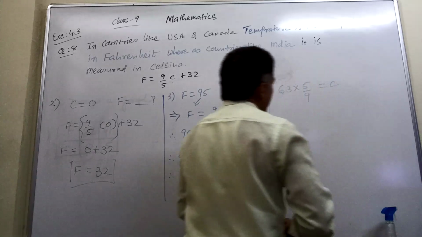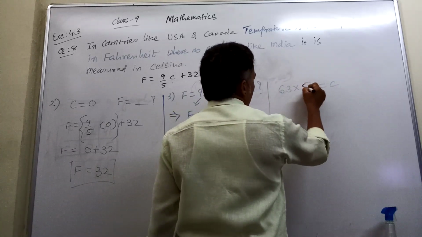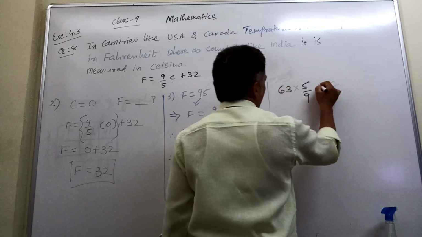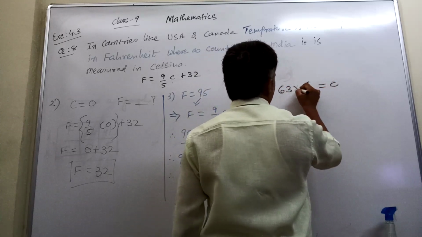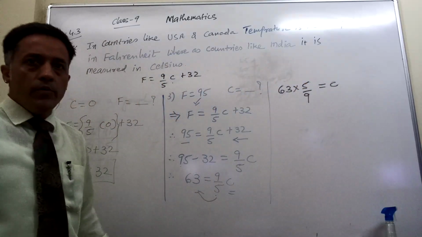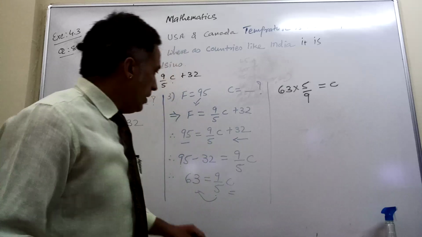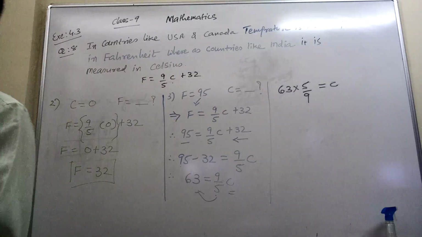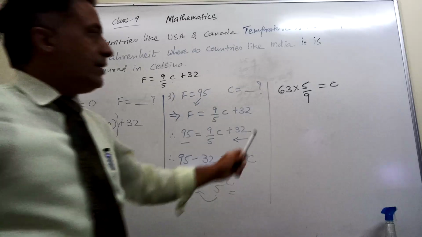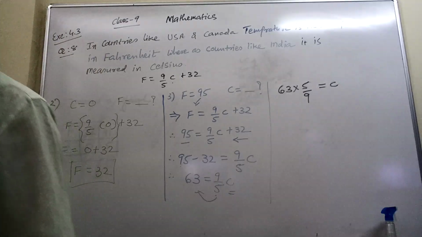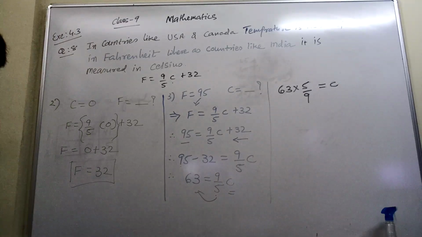Dear students, here you can see that the denominator, which is 5, becomes the numerator, and the numerator becomes the denominator. In short, it becomes a reciprocal. This is the reciprocal of the given term 9 upon 5.